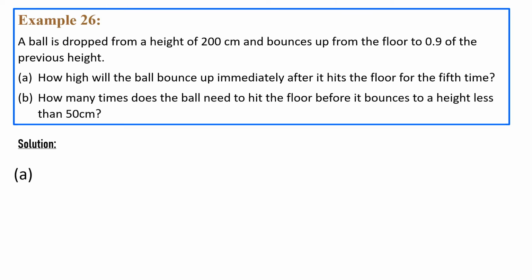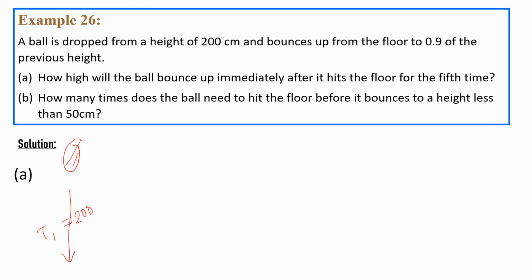Example 26. A ball is dropped from a height of 200 cm and bounces up from the floor to 0.9 of the previous height. Part A. How high will the ball bounce up immediately after it hits the floor for the 5th time? So we need to understand this question clearly. The ball is dropped from the height of 200 cm.